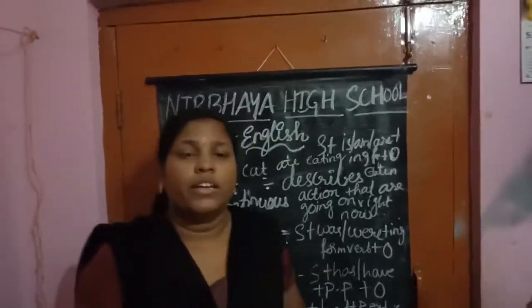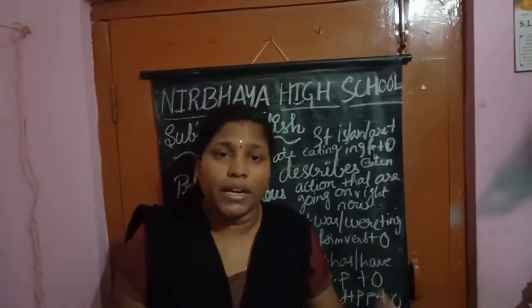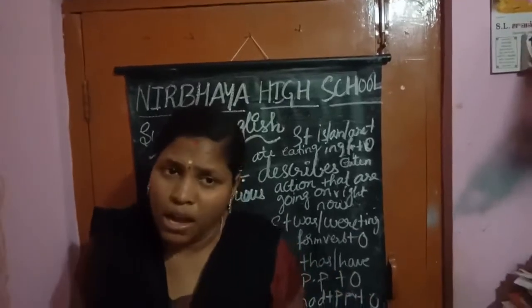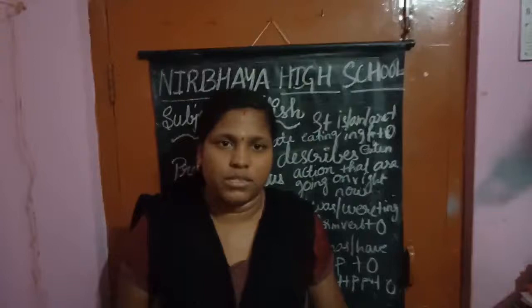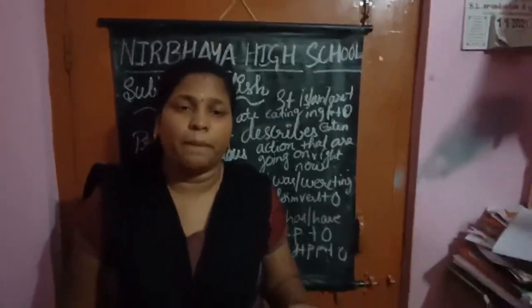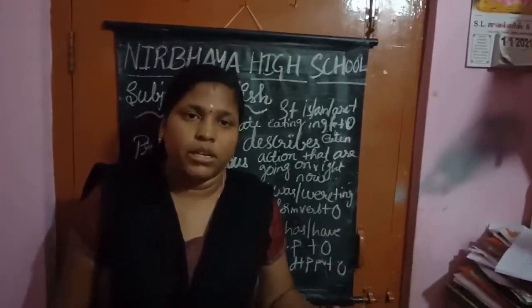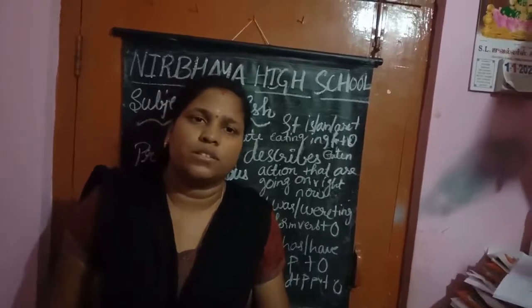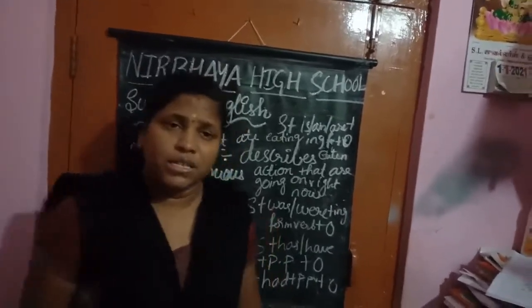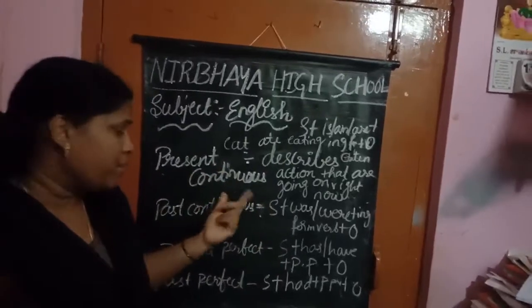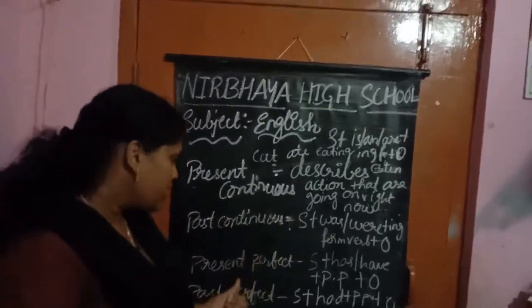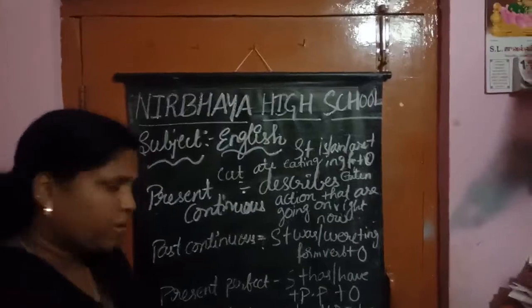Present perfect describes an action which started in the past and continues in the present. And past perfect tells the two actions which happened in the past, which action was done first and which second. Understood, children? This is about your tenses part: present continuous, past continuous, present perfect, past perfect.